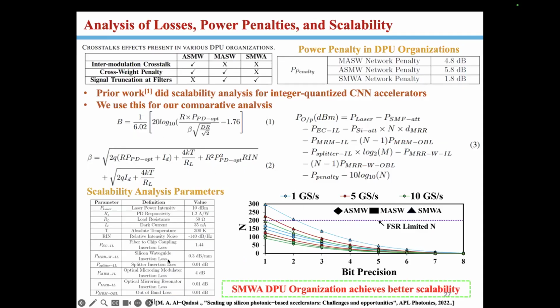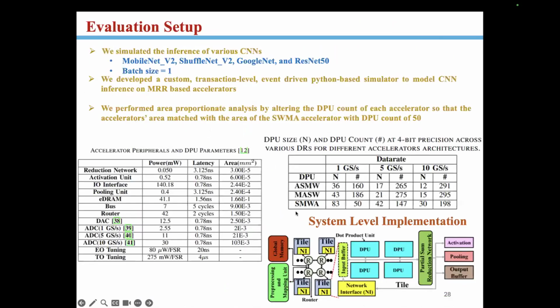And we basically did this analysis, and it turned out the SMWA, which are these triangles, had a very high number of wavelengths. Compared to 44, we could actually achieve close to 100 in this case. And we have the FSR limited region over here, right? So we can have a very large bandwidth or parallelism over here, right?